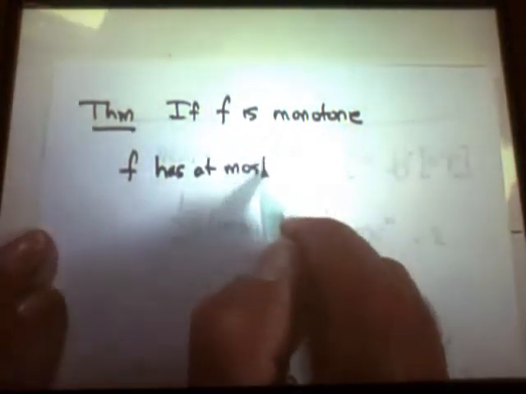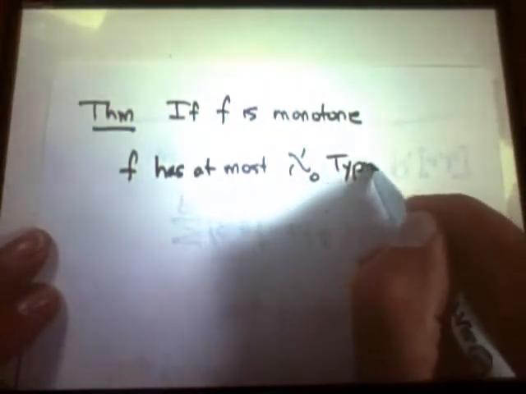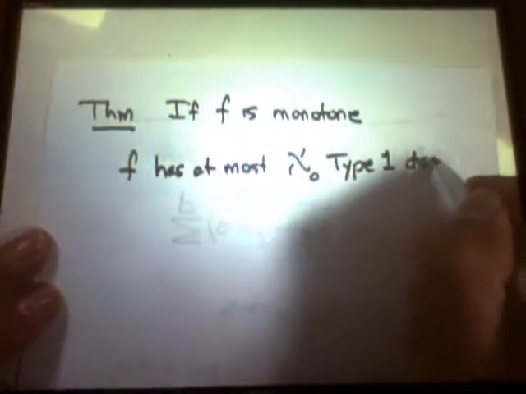I want to explain a fact about monotone functions that Burke is interested in, which you perhaps read about in chapter 3. Theorem: if f is monotone, f has at most countably many type 1 discontinuities.